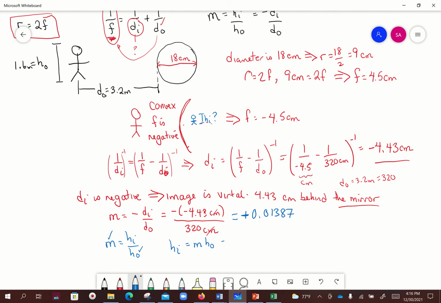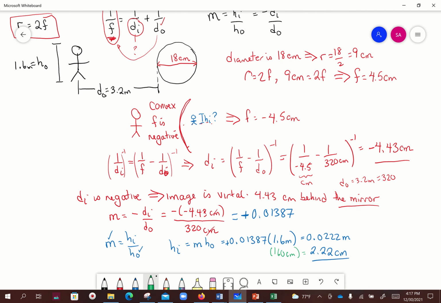The magnification is 0.01387, and it's positive, so that means it's upright. The height of the object is 1.6 meters. When I do that, I get a very small number, 0.0222 meters, or 2.22 centimeters. And again, I could have converted the height into centimeters and done times 160 centimeters and got my answer in centimeters that way.